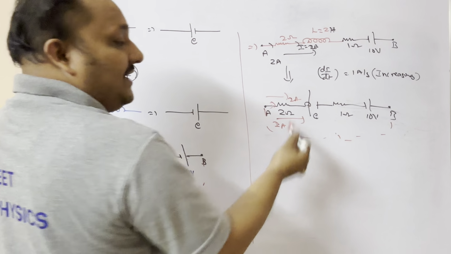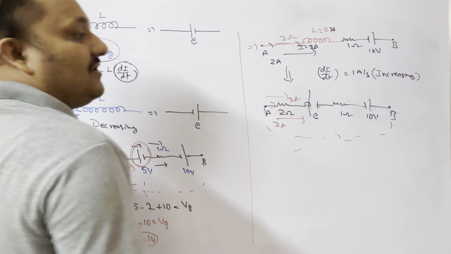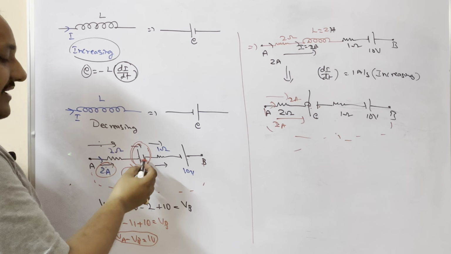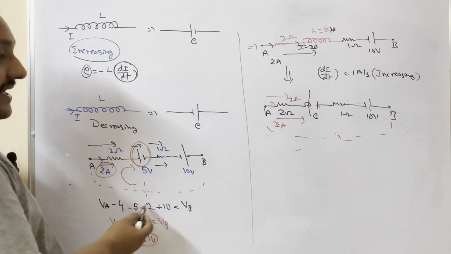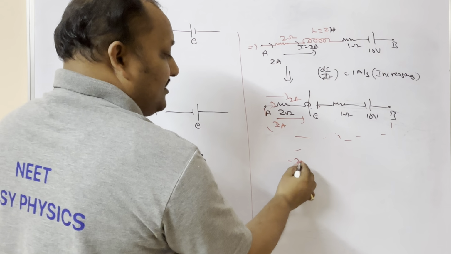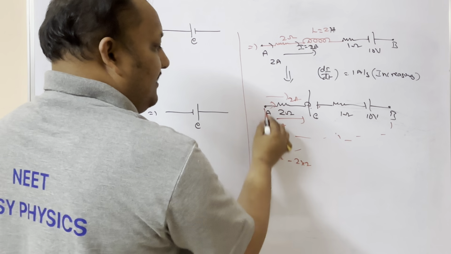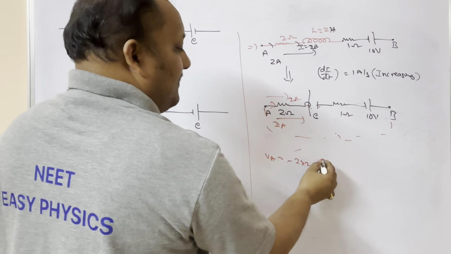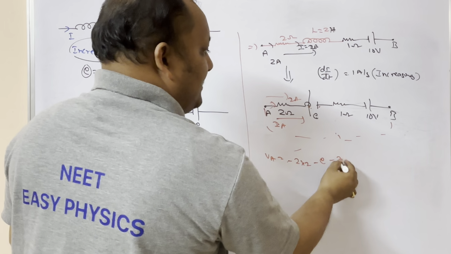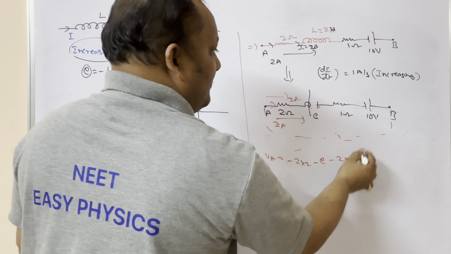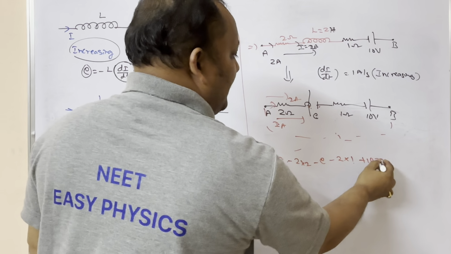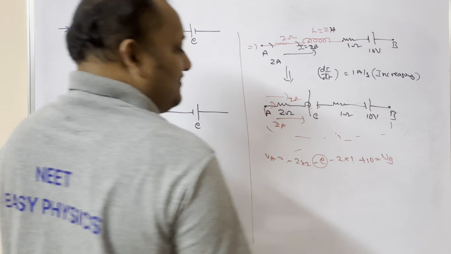Now, positive to negative is there. Positive to negative means we have to write minus E. So, VA minus 2 into 2, minus E, minus 2 into 1, plus 10, equal to VB.